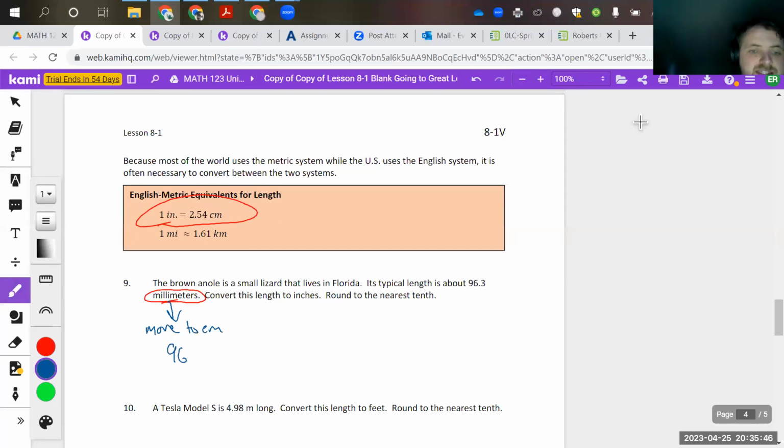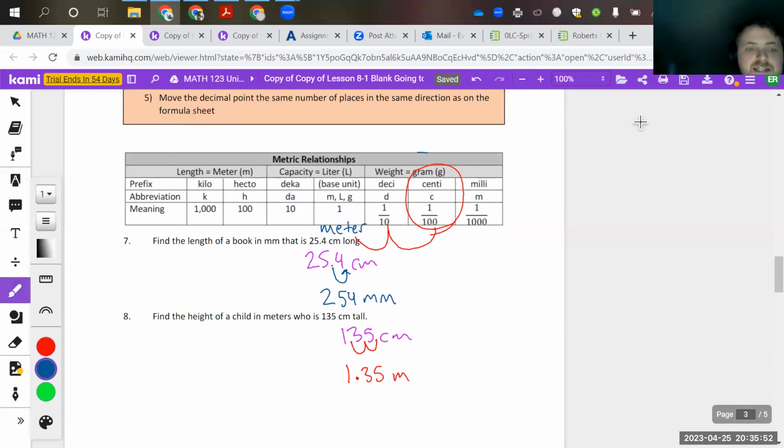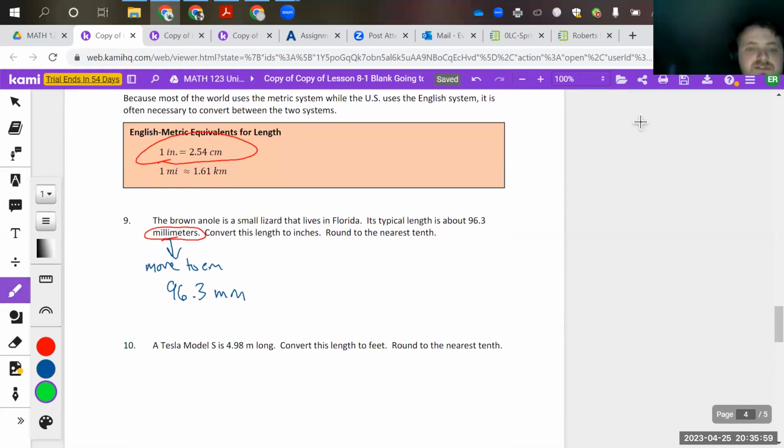So if I have 96.3 millimeters and I'm using that chart, I'm starting at millimeters and I'm trying to get to centimeters. So I'm just going to move one decimal place to the left, giving me 9.63 centimeters.